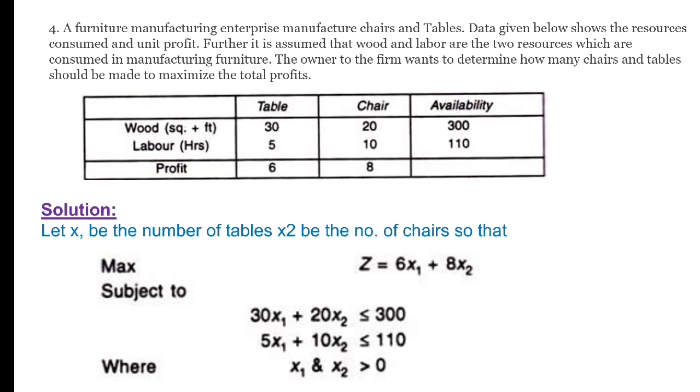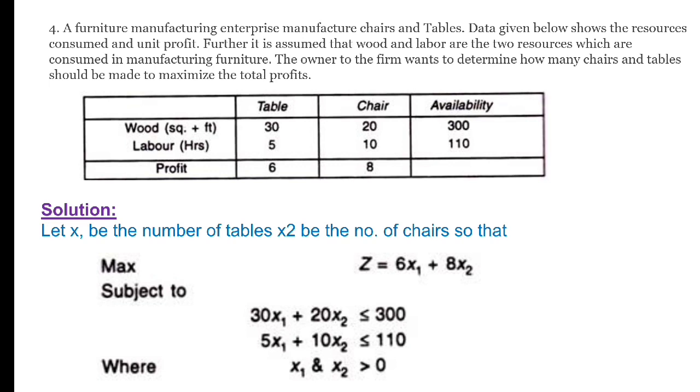Here the Z function is based on profit, so we need to consider profit. There are two different products, tables and chairs. So let x1 be the number of tables, x2 be the number of chairs. So Z equal to 6x1 plus 8x2, based on the profit of the two different products.